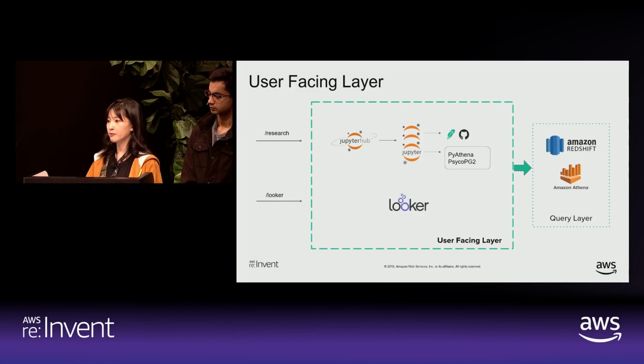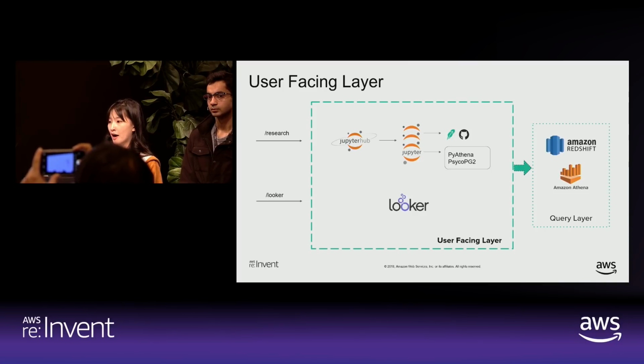This is the layer we provide to our internal users for them to access and use the data in the lake. One major component of this user-facing layer is our research environment. This research environment is built with JupyterHub. JupyterHub allows all the users to have their own server in a container and their own workspace to create and run their Python notebooks or R notebooks.